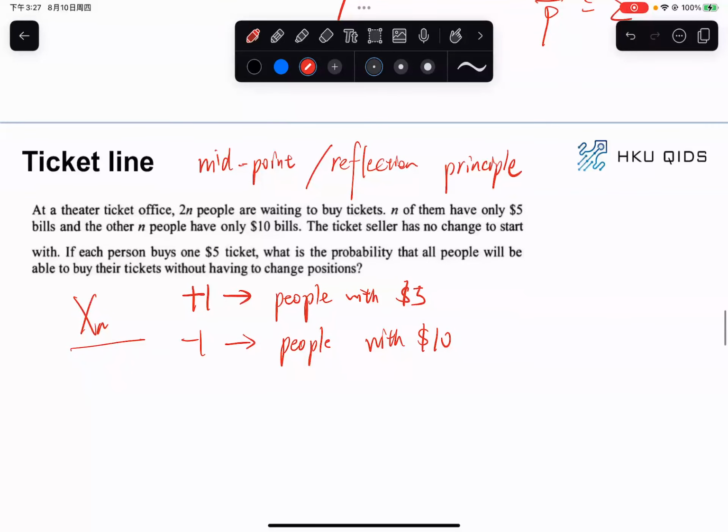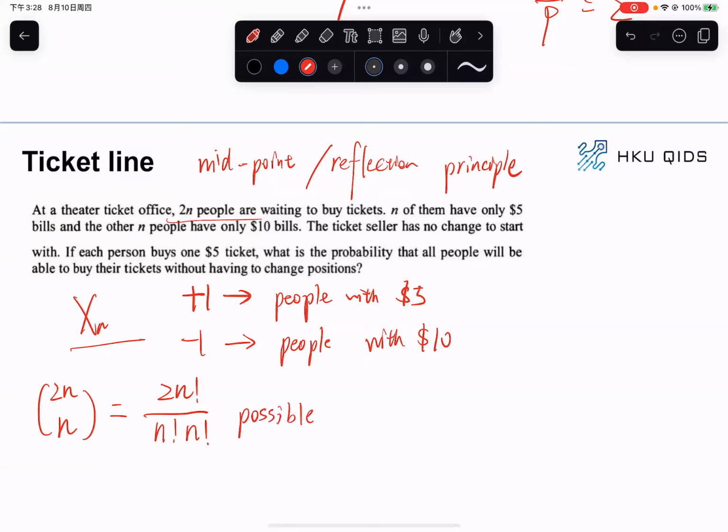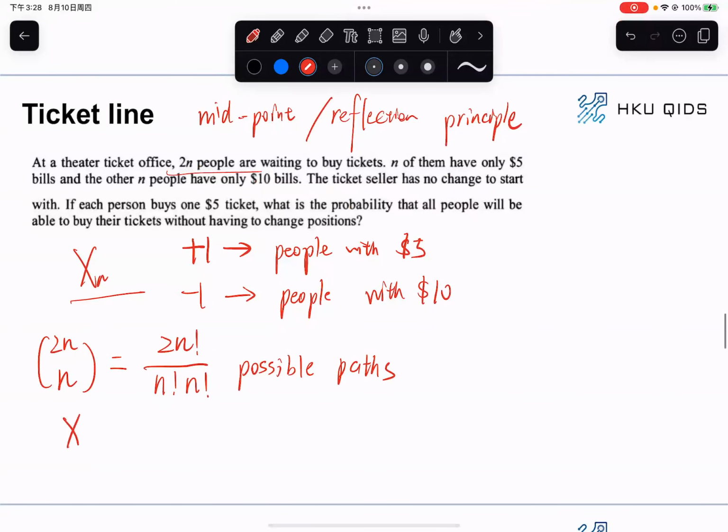So how many ways to choose that? We're going to choose n from 2n, right? So there are in total (2n)! over n! n! possible paths. And we want this X_k to be larger than or equal to 0 for any k from 0 to 2n.